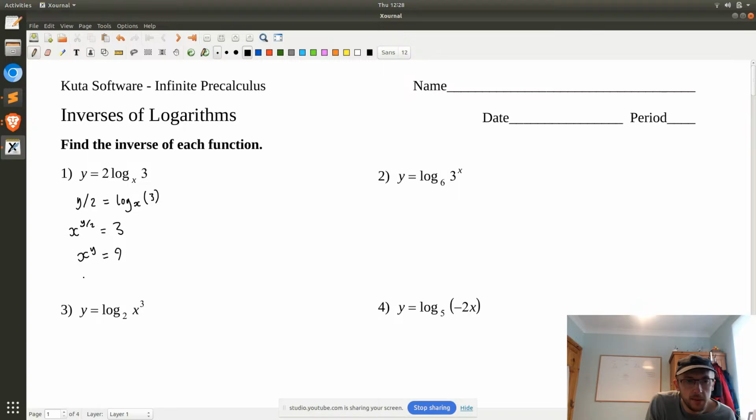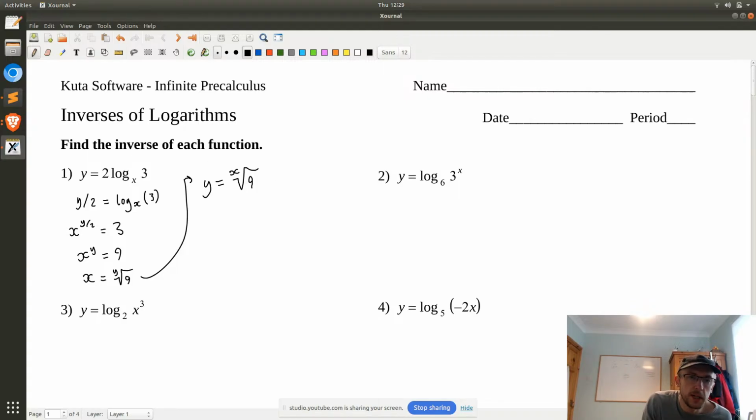And take the y-th root. And here we go. So y is the x root of 9, like that.